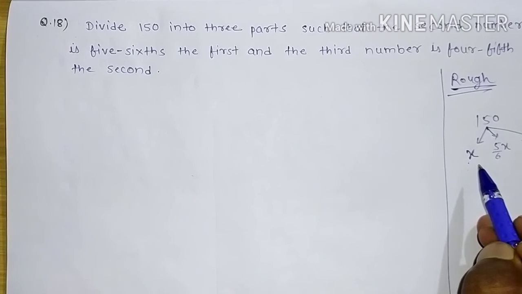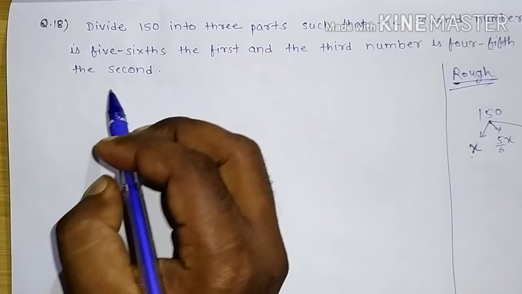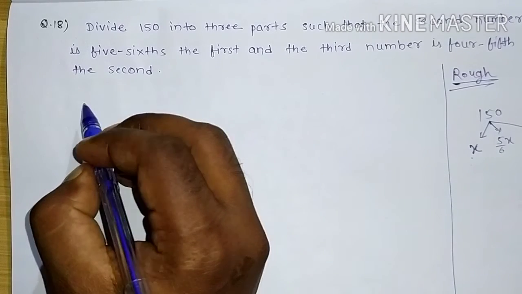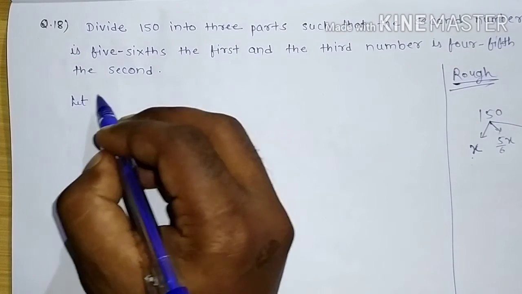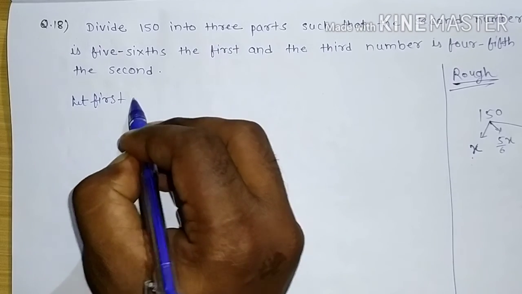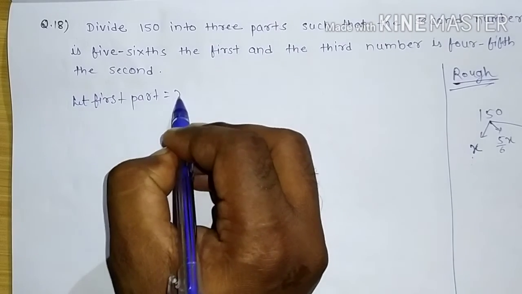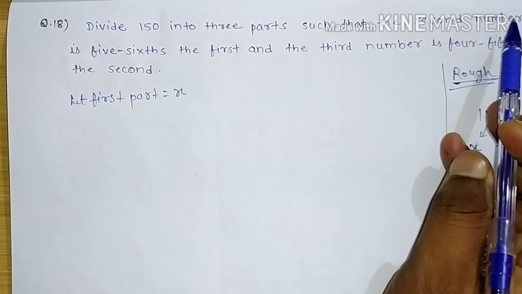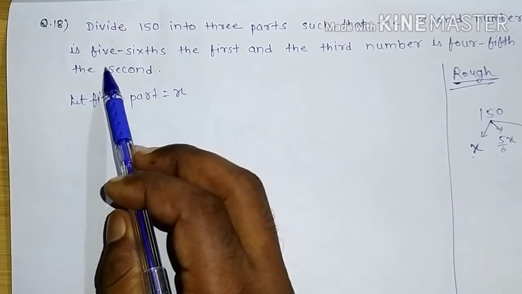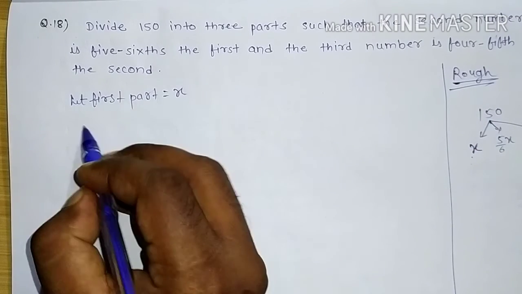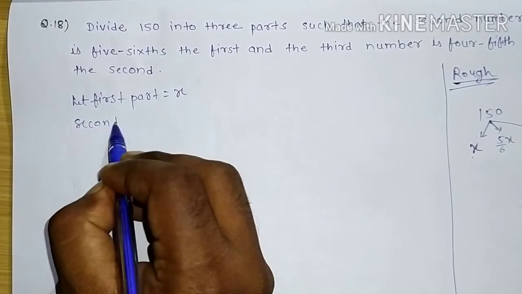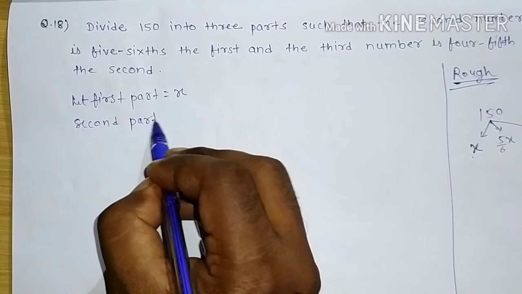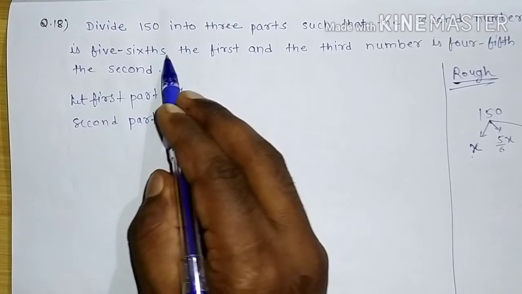Now simply, let the first part equal x, such that the second number is 5/6 of the first.